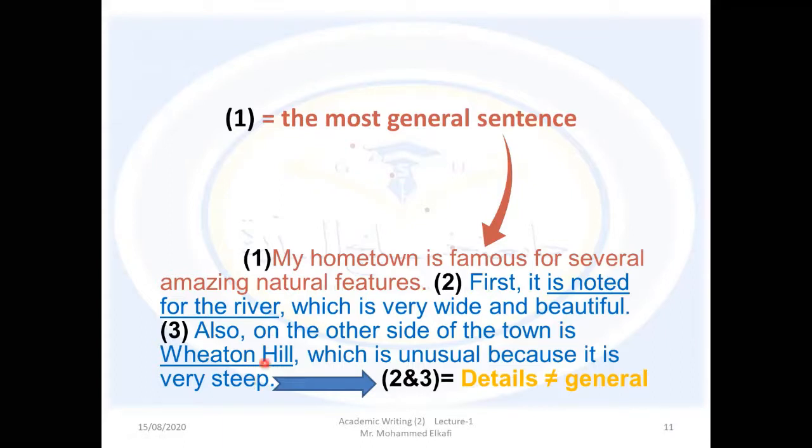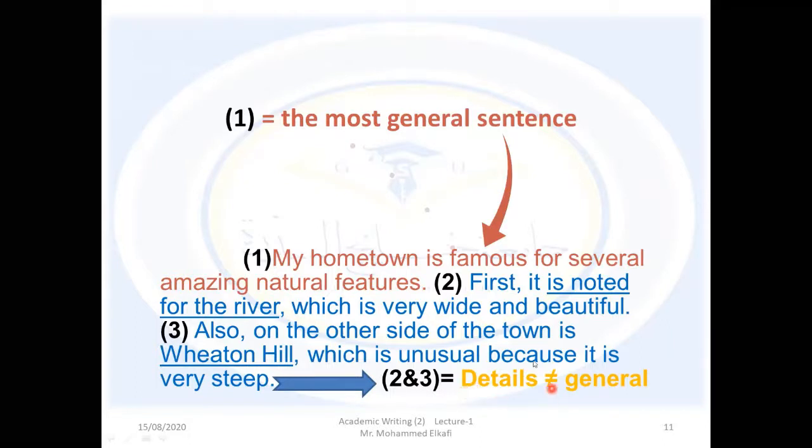Also, here we can think of this sentence as too general, or the most general in the paragraph, as we said before. So the first sentence is the most general sentence, and the second and the third include details.